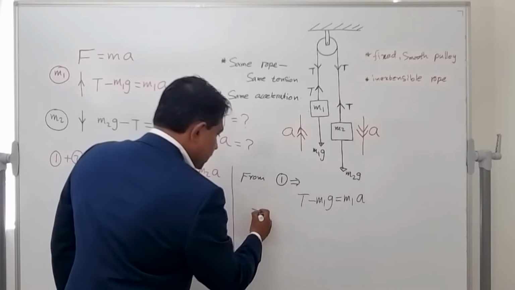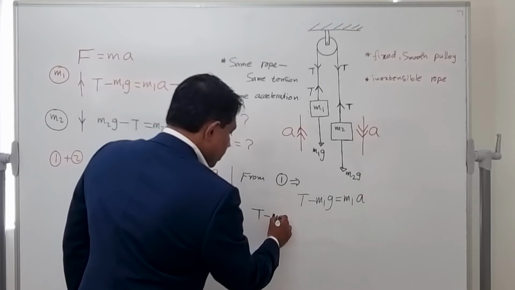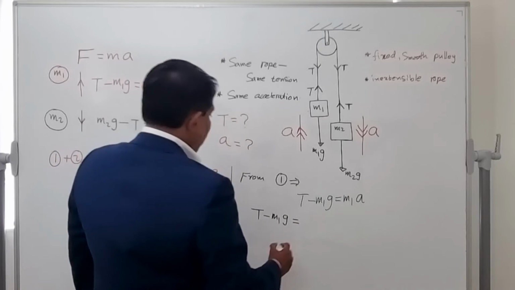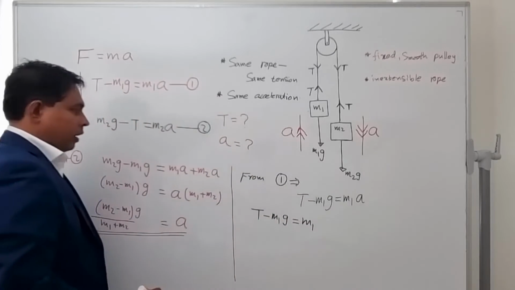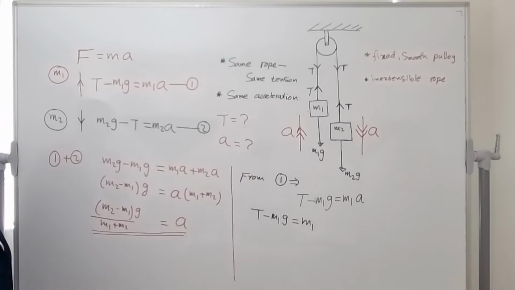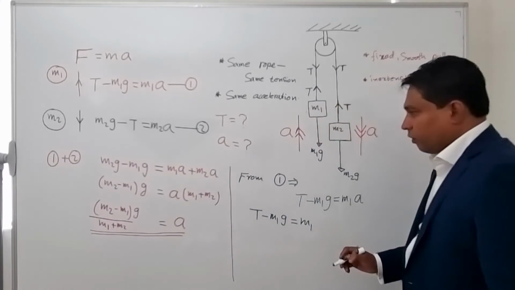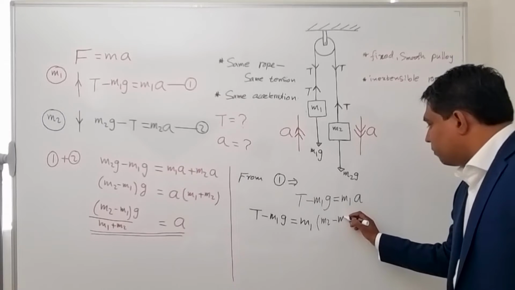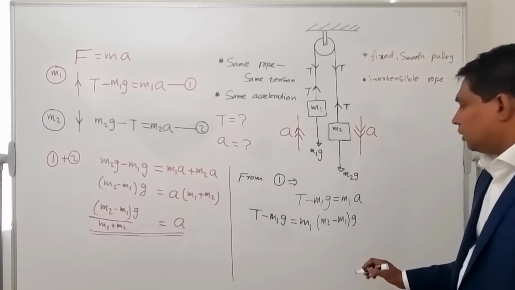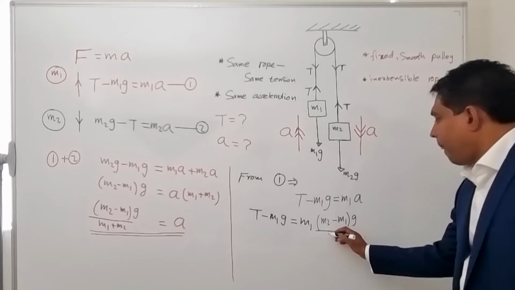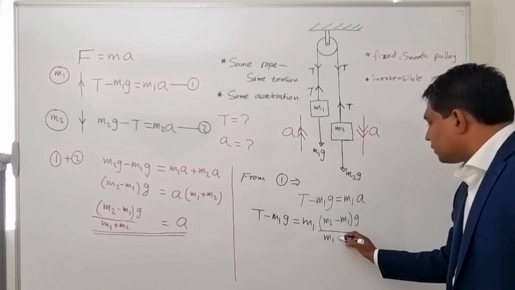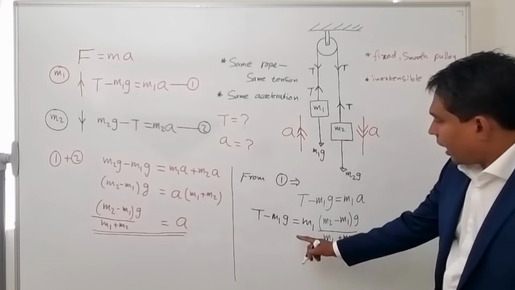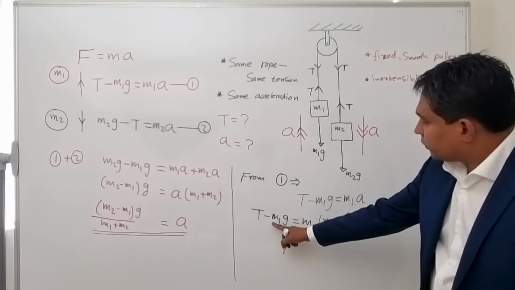So you can write T minus m1g equal to m1 times (m2 minus m1) g over (m1 plus m2).